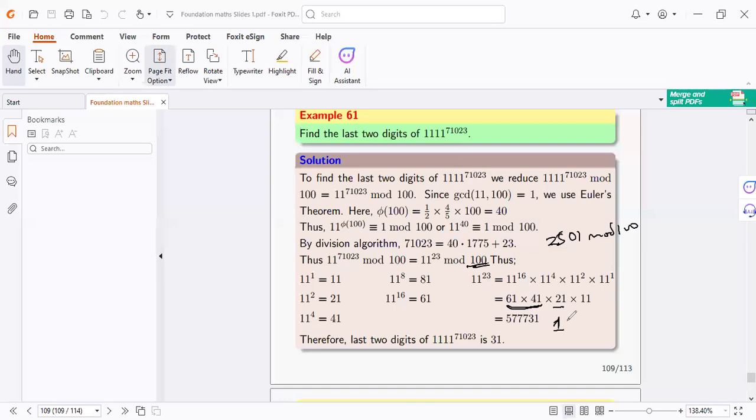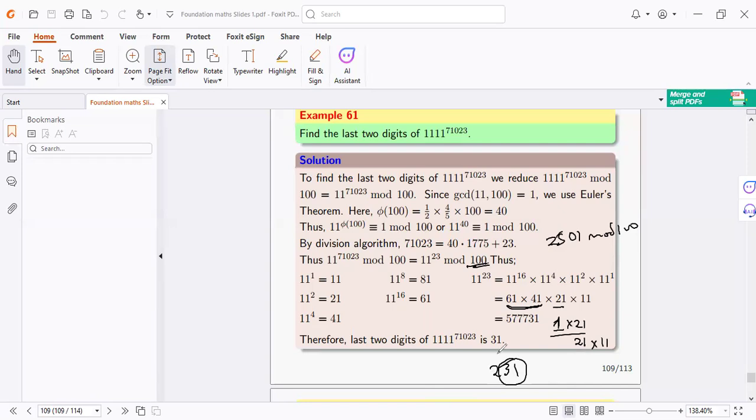Then now multiply by 21. Again, that one gives you 21. Then multiply by 11. So what is 21 times 11? 21 times 11, that is 231. I'm interested in the last 2 digits, which is 31.